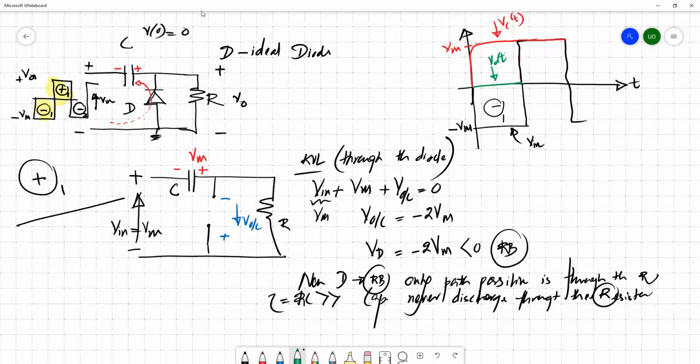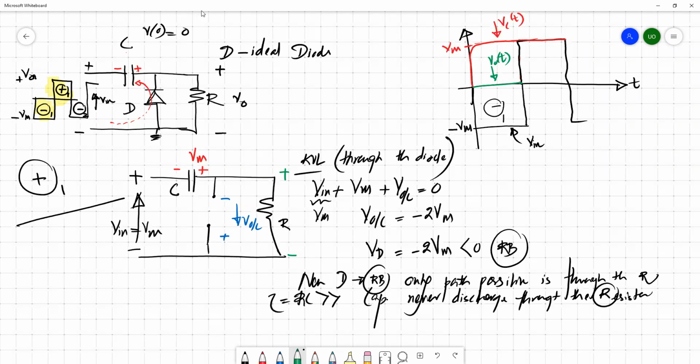During this first positive cycle, the diode gets reverse biased and is open, and this RC circuit creates a high time constant, so the capacitor never discharges through the resistor. Whatever voltage the capacitor acquired during the previous cycle remains as it is. So what would be the voltage across the resistor?